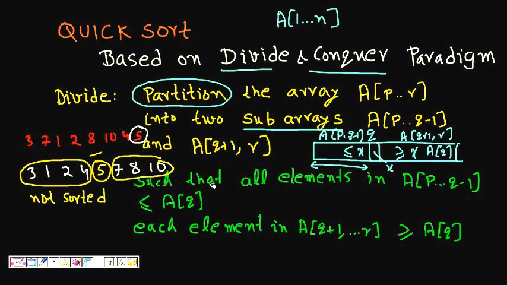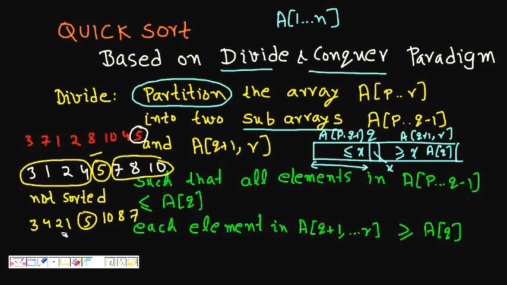So this is partitioning, one solution. Another solution can be 3, 4, 2, 1, 5 and then 10, 8, 7. This is also a valid partitioning.